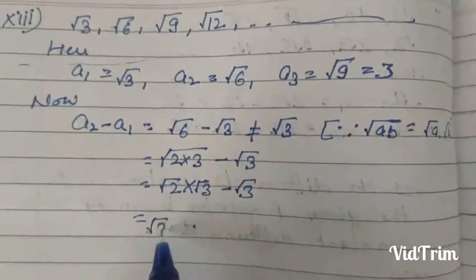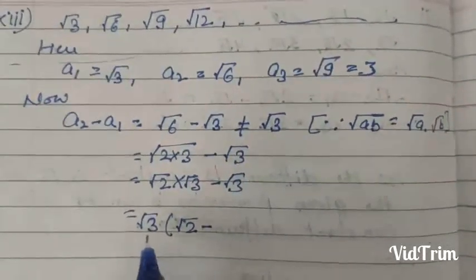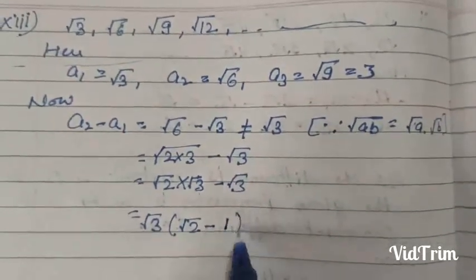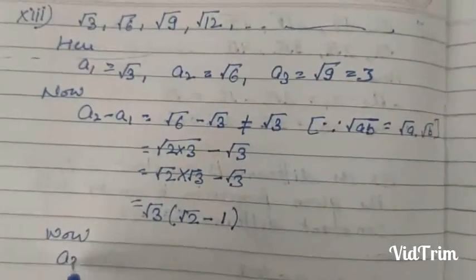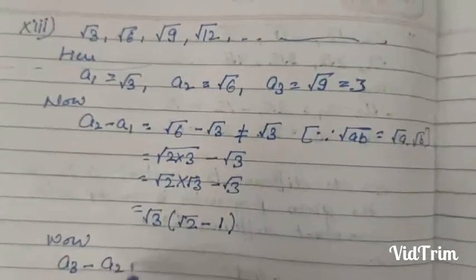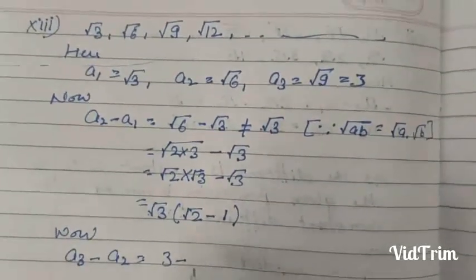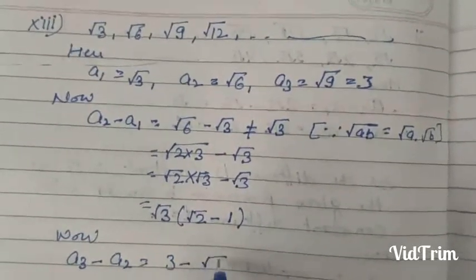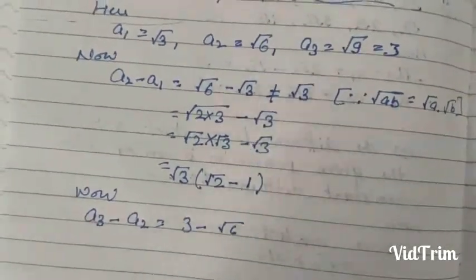Similarly, root 3 can be taken as common, so that root 3 into root 2 minus 1. Now we are to find a3 minus a2, that is 3 minus root 6. Further we can't change this.